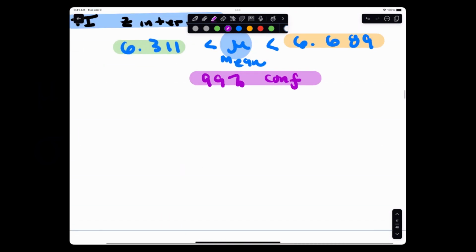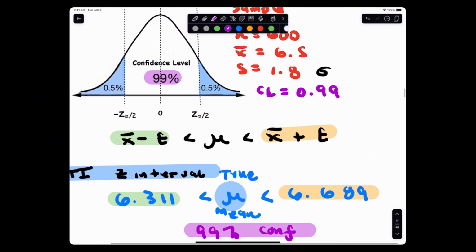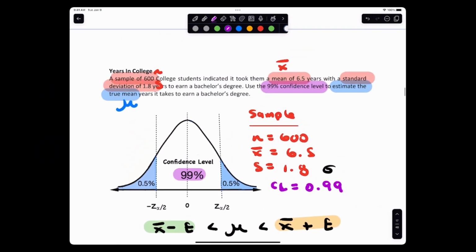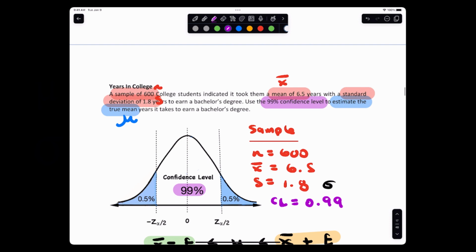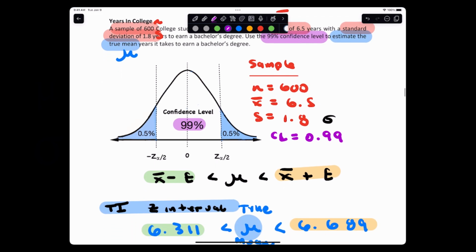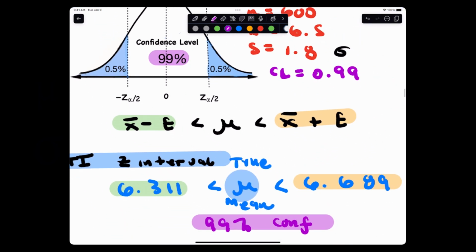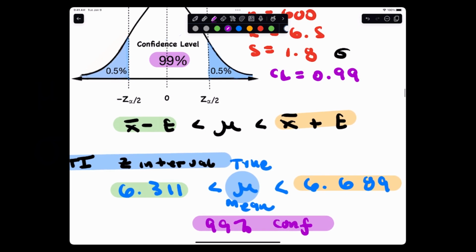If you went through the process, 600 data values in your sample, and you computed the sample mean, you did this an arbitrarily large number of times, 99% of the time, the sample mean would be between these two numbers. That's the meaning of confidence level.